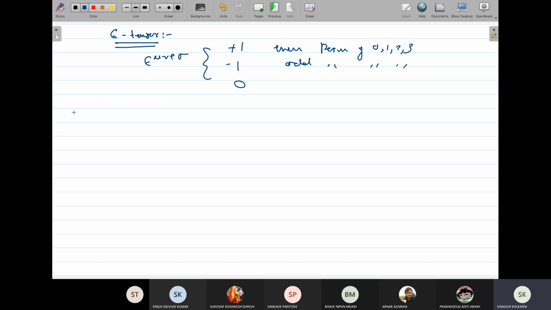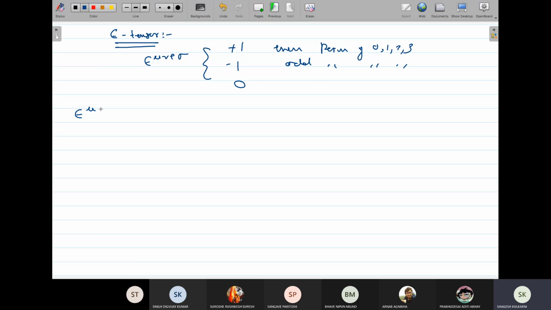Now, like the Levi-Civita symbol in 3 dimensions, here also we have this product of epsilons. In general, suppose I give you an expression like this, and the placement of indices matters.